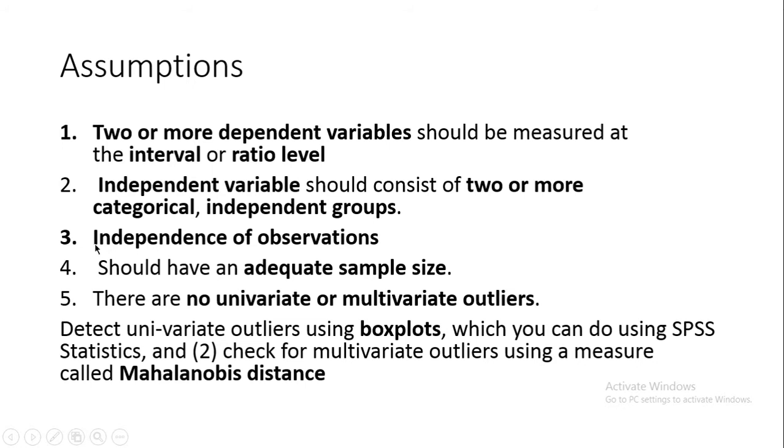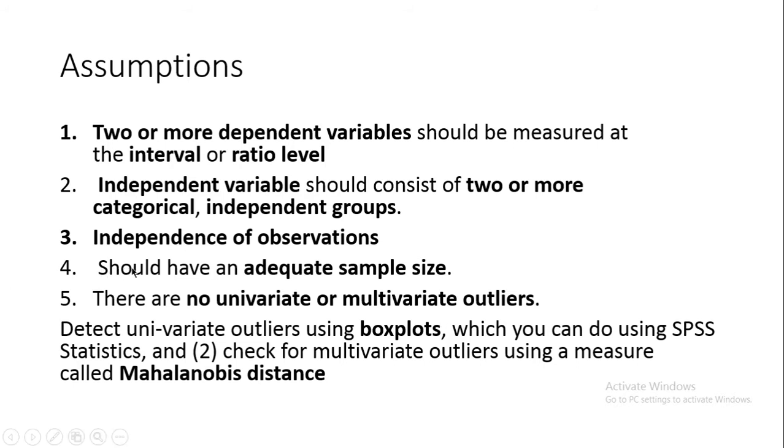The third assumption is independence of observations: the pairs or sets of observations are independent, that they don't depend on their previous value. In other words, we can say the error term is identically distributed with zero mean and covariance matrix.